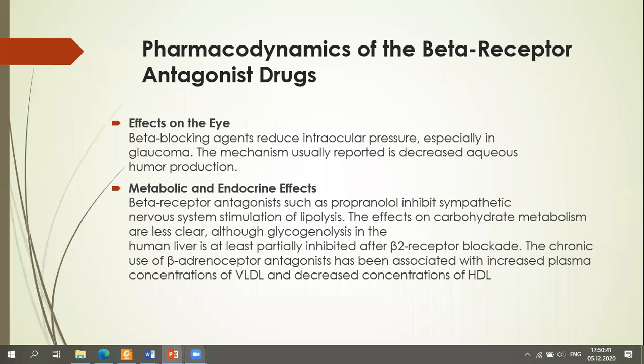The people who have glaucoma may have this type of result. So in order to treat it, there are special drugs for them.